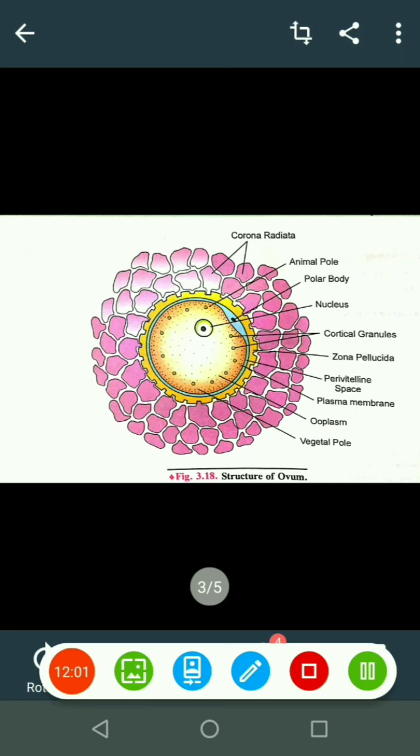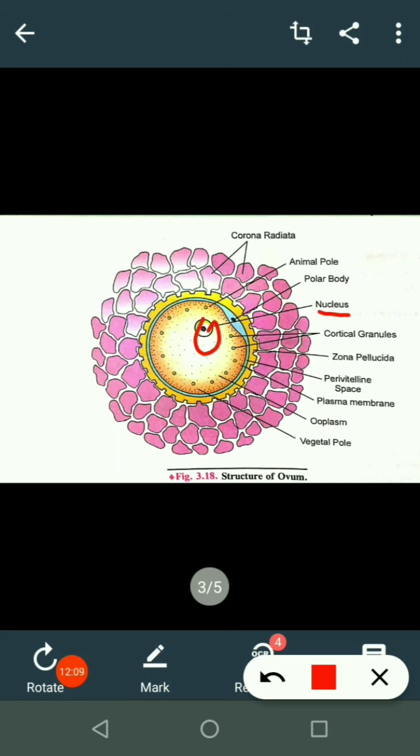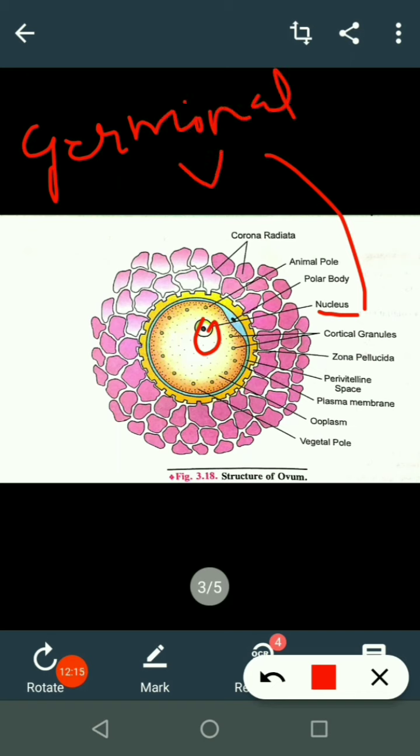So now the next structure is the nucleus. Can you see this visible nucleus? It is a large nucleus which is also called the germinal vesicle. Now the nucleus is present in the metaphase second stage. As you can remember, during ovulation, the ovum is released in the form of a secondary oocyte.